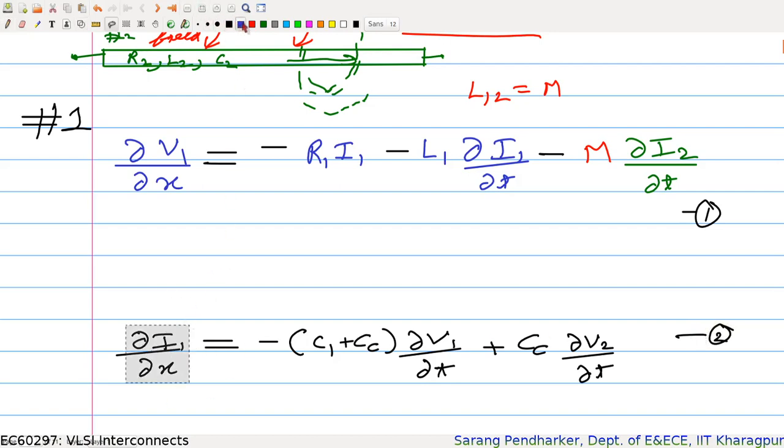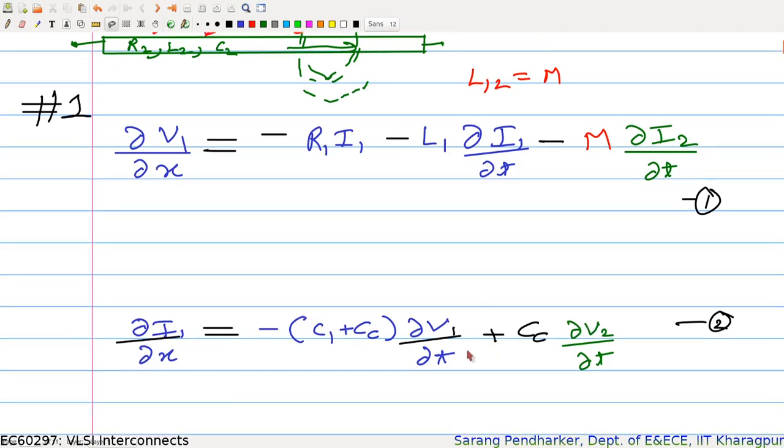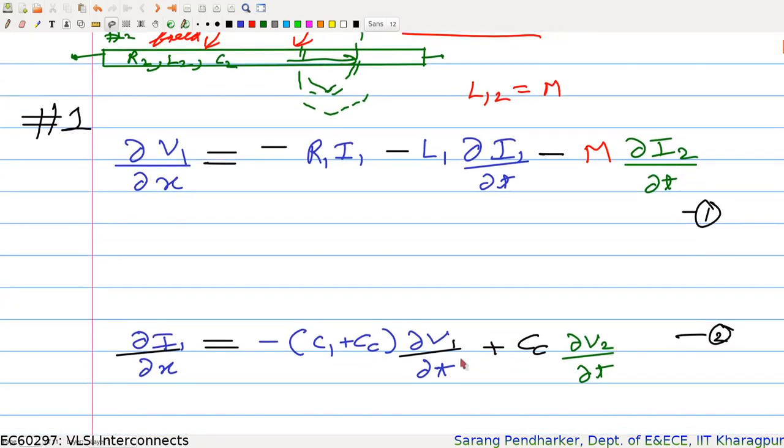So your current on the first interconnect depends on the voltage on your first interconnect as well as the voltage on the second interconnect, and we had seen this equation is the same as the one we got for capacitively coupled interconnects. So you must be familiar with this equation. We had derived this one.